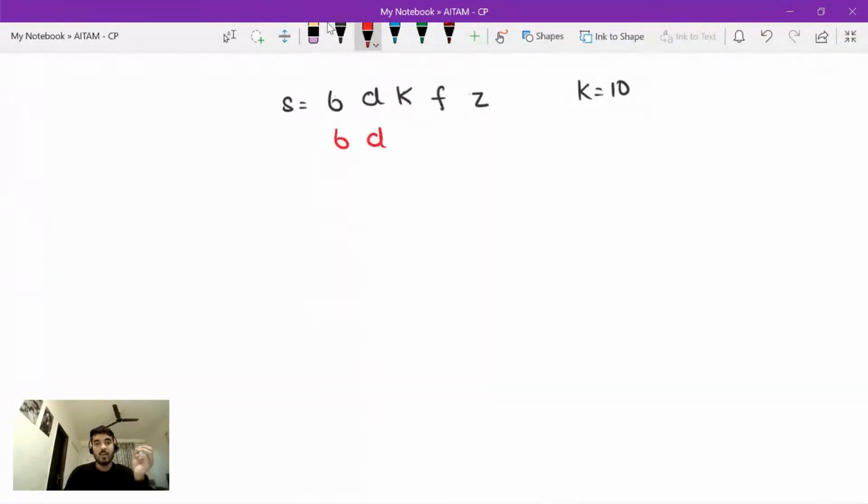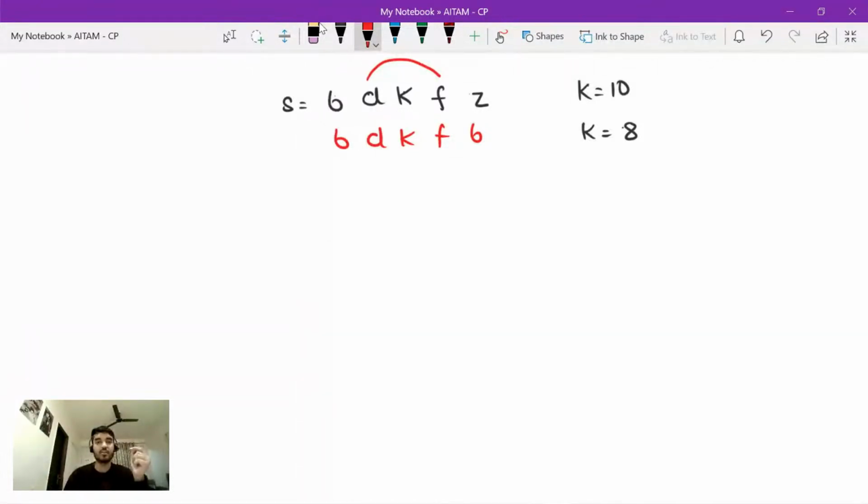So B, D, K, F, and B. And how many operations do we require? Two. So now we are left with 8. Now after this, I know these two characters are fixed. So now I will check for the next index, that is these two characters, because first I will convert this into a palindromic string, and then I will change it to the lexicographically smallest.